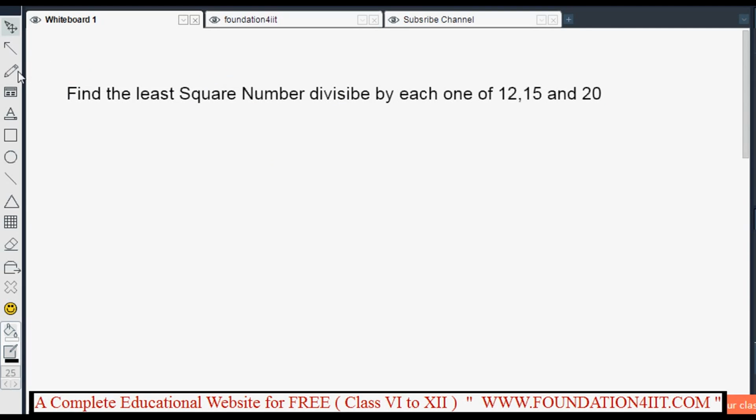This is the question: find the least square number divisible by each one of 12, 15 and 20.